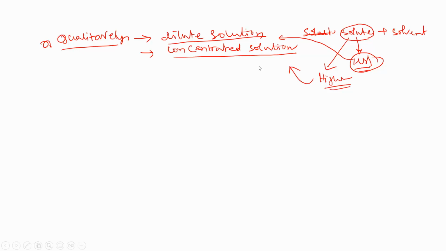We can say it is a dilute solution when the amount of the solute is less in the solution medium, or we can say it is a concentrated solution when the amount of the solute is higher in the solution medium. So qualitatively we can say it is a dilute solution or a concentrated solution.